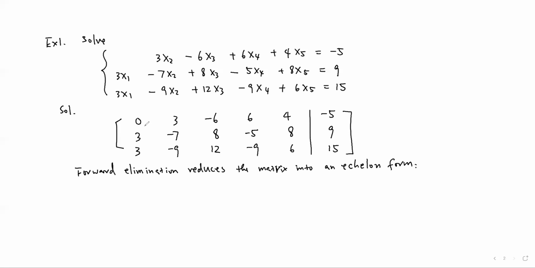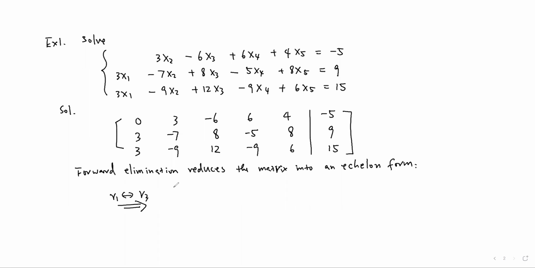Because the 1-1 entry now is 0, I cannot use 0 to eliminate other entries. So I switch the first two rows. Row 1, row 2, switch. Then I get row 1 and row 3. I switch row 1 and row 3.